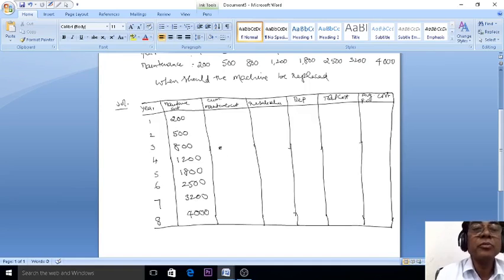My cumulative means as it is. Let this be columns 1, 2, 3, fourth column, fifth, sixth, and seventh column. Cumulative means as it is, 200.